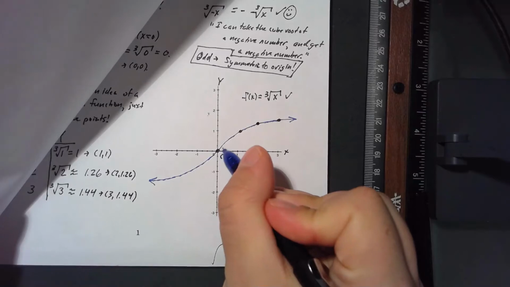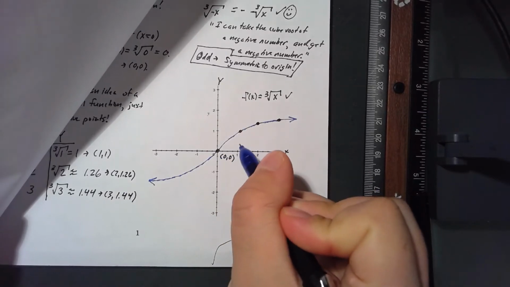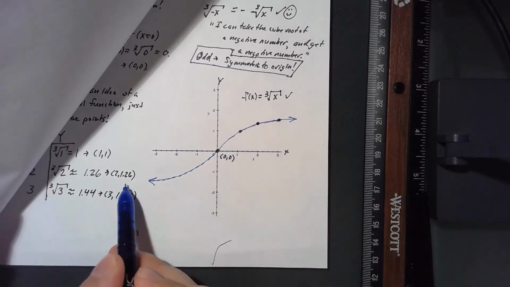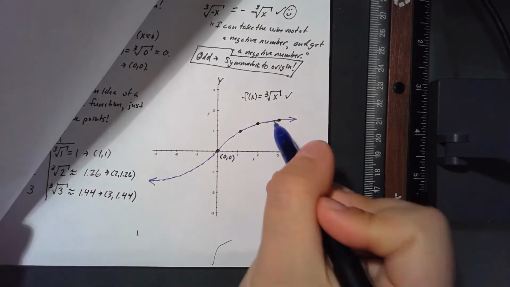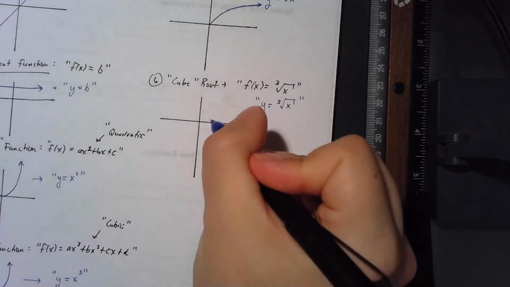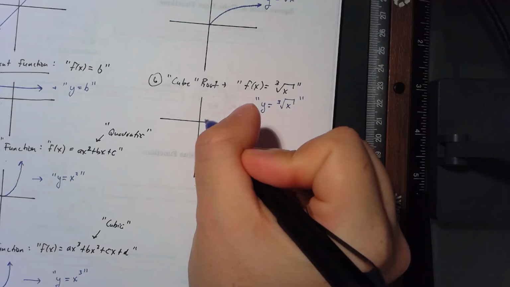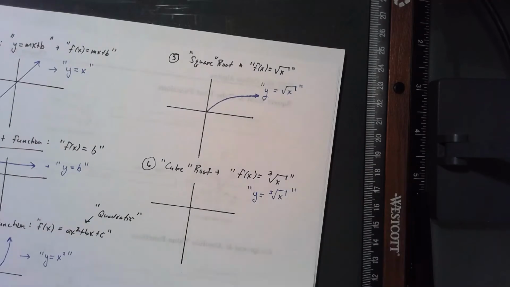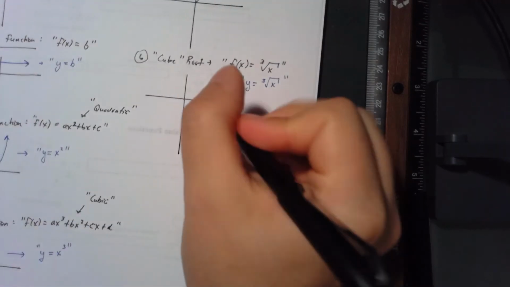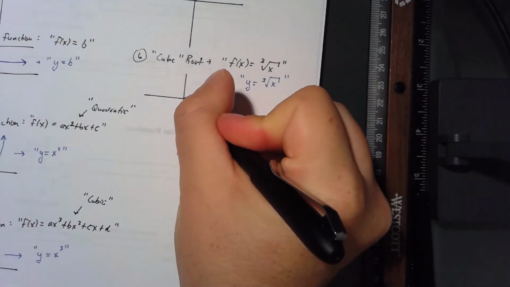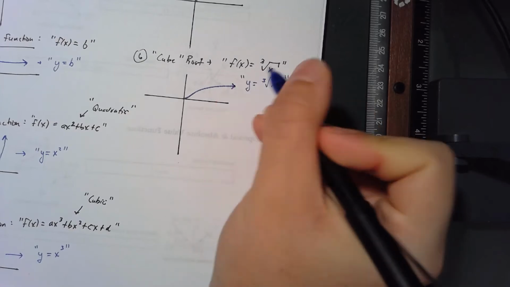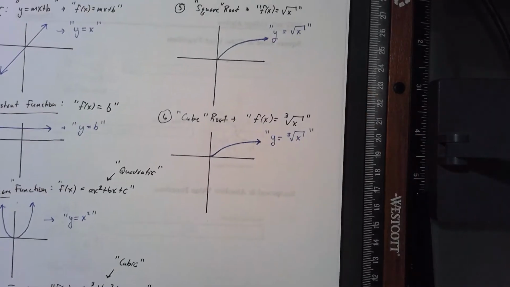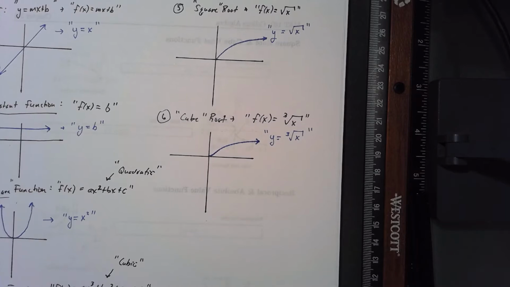It starts off small, but as x gets bigger, the values of y get bigger, but very slowly, is what I should say. It actually doesn't look much different initially than the square root function. It almost looks the same, but there's one difference.